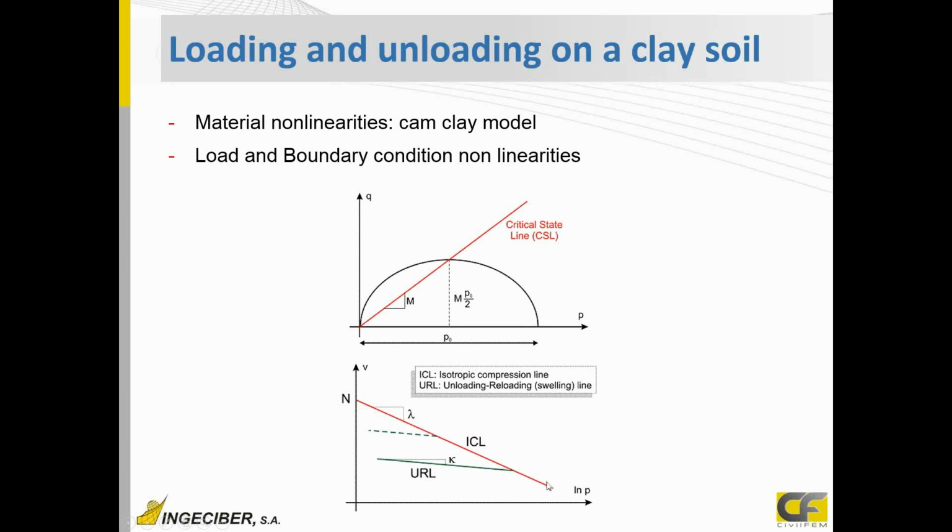But if I have an unloading behavior, I go back, and the volume and stress relationship will follow this other line: the unloading, reloading line, and the isotropic compression line. With these two graphs, I'm solving the model.